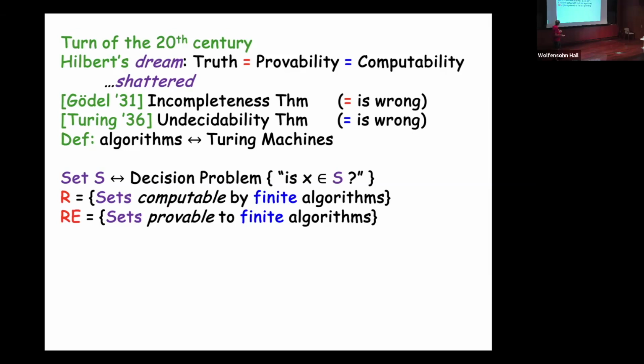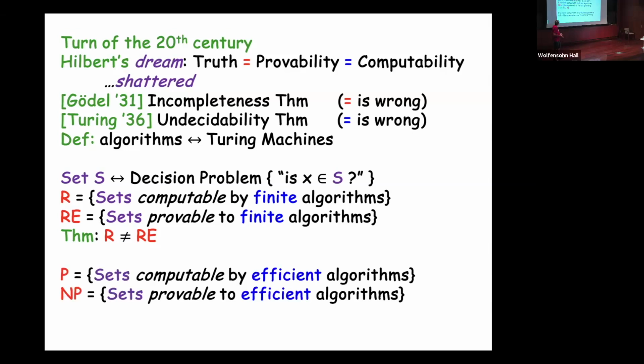And the second, RE, recursively enumerable, is sets whose membership is provable by finite algorithms. We'll talk about the meaning of this, but that's basically the two distinctions we want to have between computation and proofs. And his famous theorem that the halting problem is undecidable can be stated in this way. The halting problem of Turing machines is recursively enumerable, but it's not recursive, so it's an uncomputable problem.